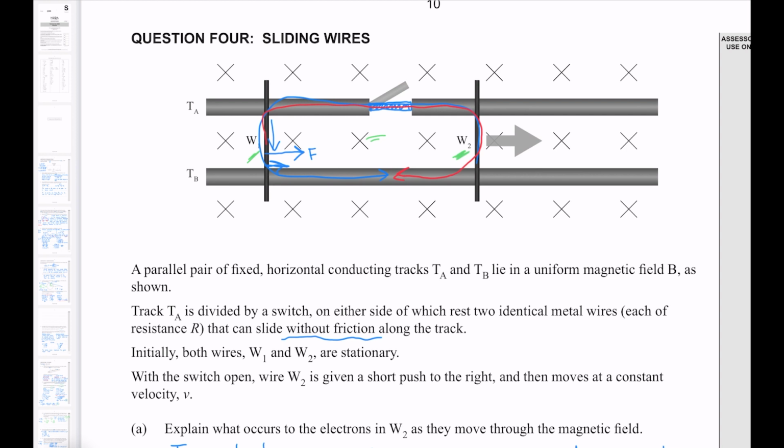So at the point where our W1 and our W2 current equal, that is the point at which their velocities equal, there will be no current flowing through this circuit, and therefore there won't be any forces on the wires, at which point the wires are going to be moving at the same constant velocity.